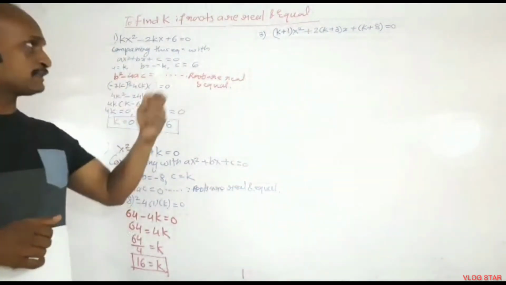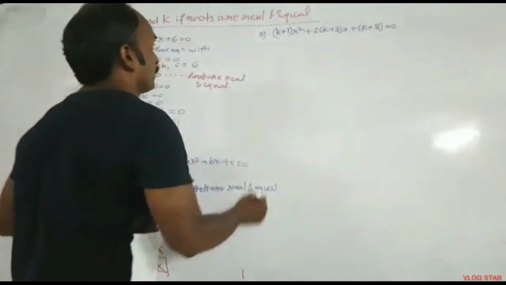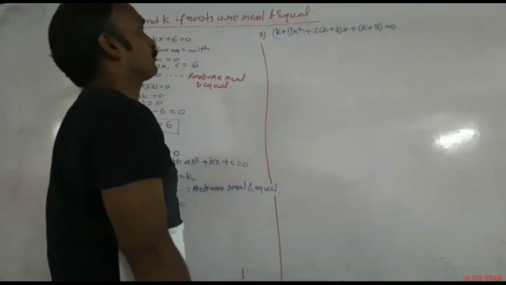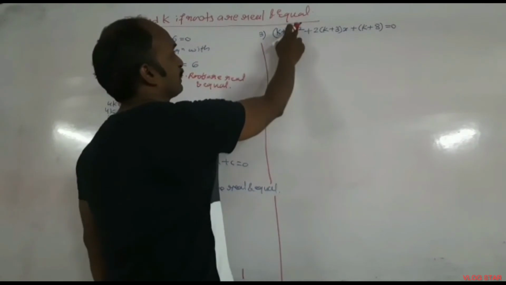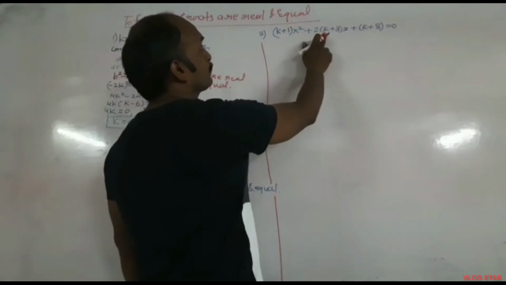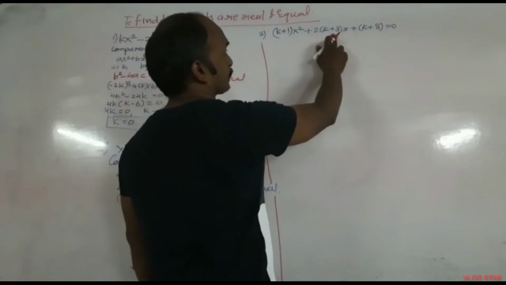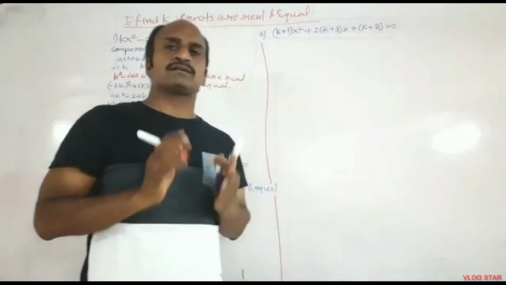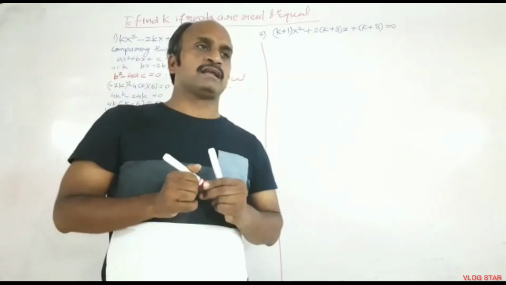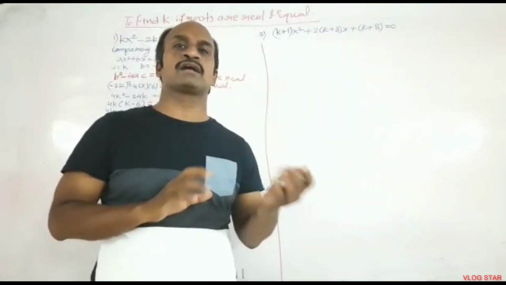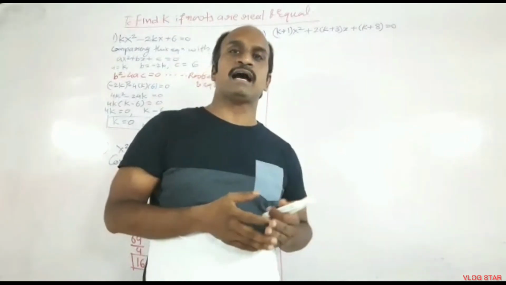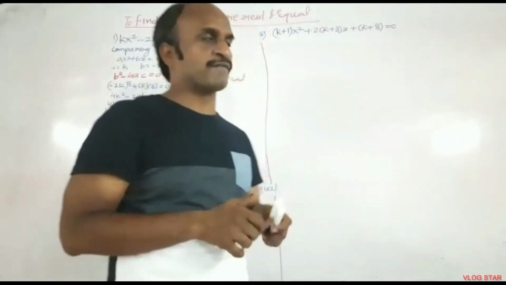Another equation which may come for 3 marks or 5 marks is, you can see written here, question number 3, k plus 1 x square is equal to 2k plus 3 into x plus k plus 8. The method remains same, but in such kind of sum, many times you will get a quadratic equation in the term of k, which you need to simplify either by formula method or by factorization method.